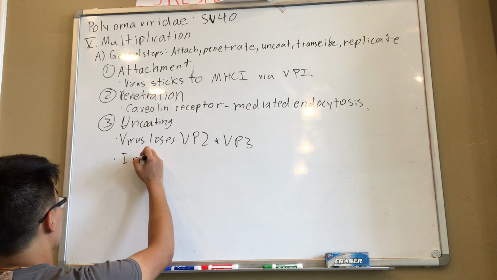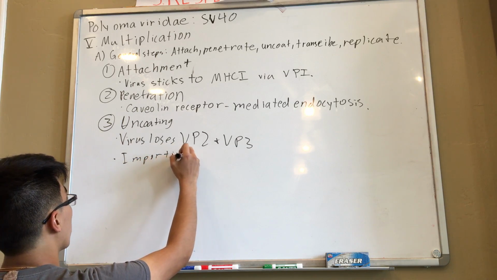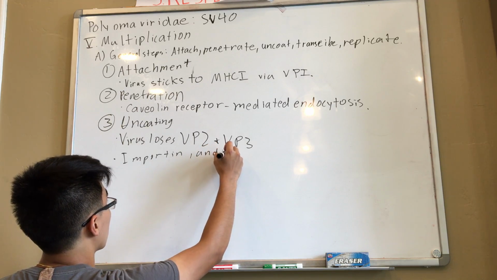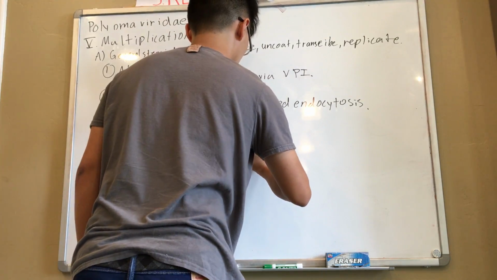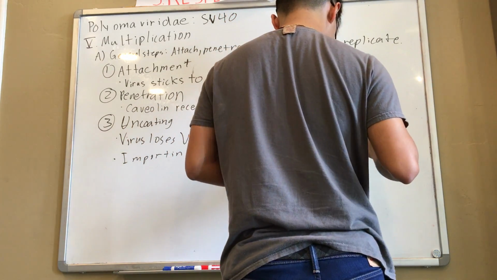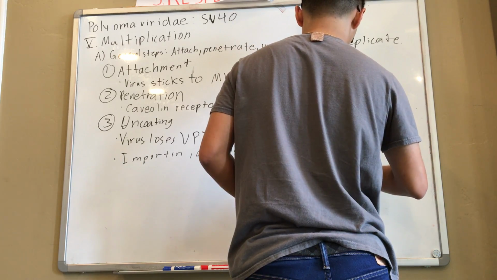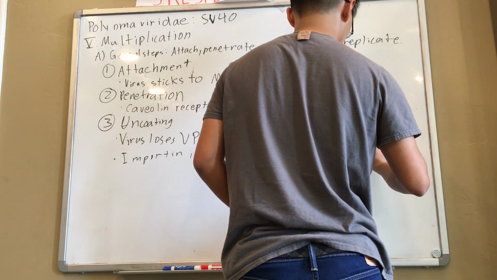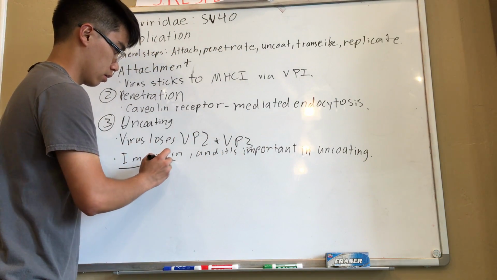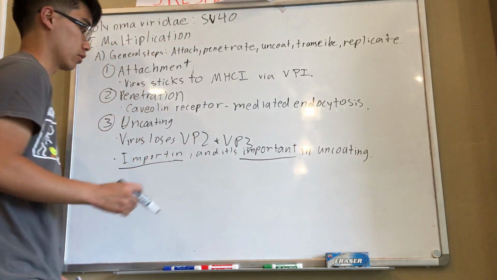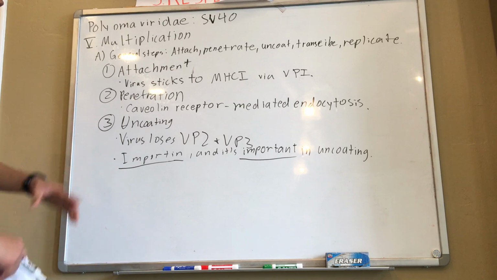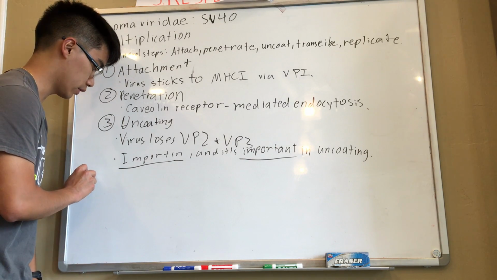There's a protein called importin, and it's important in uncoating. So just think of it as a wordplay: important, and then uncoating. About the importin, the virus cannot uncoat when it's in the cell.